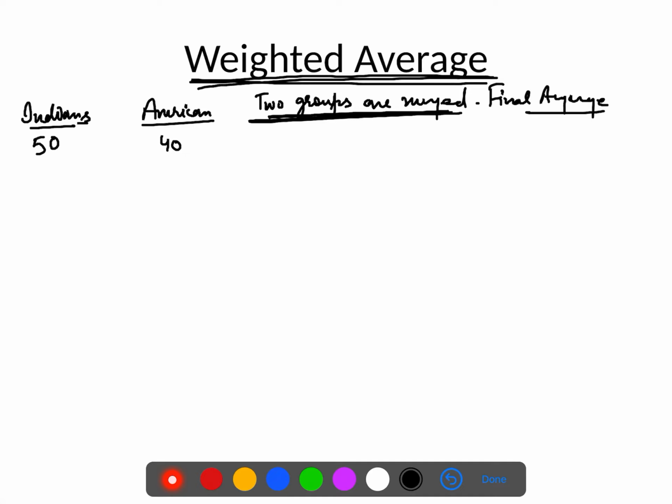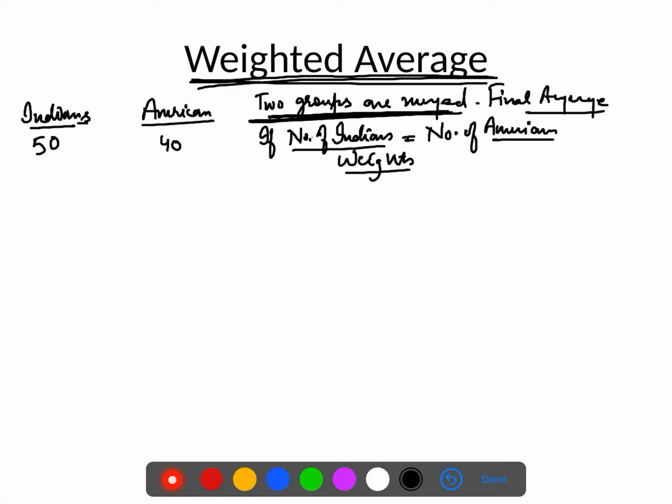Now, if the number of Indians is equal to number of Americans, that's what we are calling weights. Number of Indians and number of Americans, that is the weight of each group.